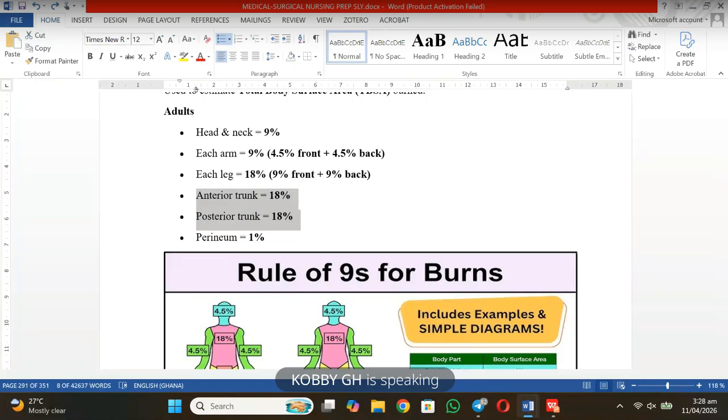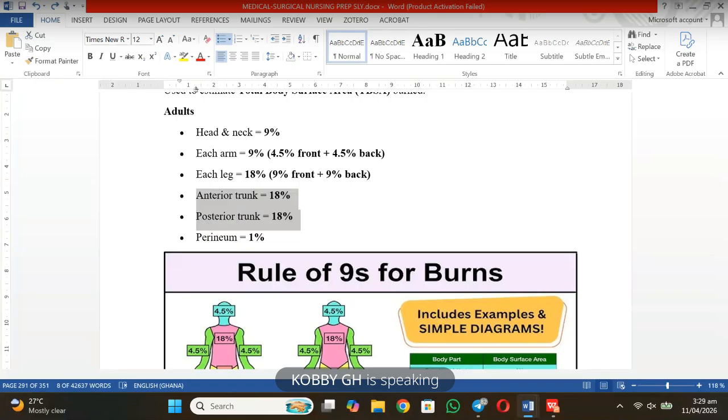If the examiner says trunk and doesn't specify, you use all, 36. If the examiner says anterior trunk, you use 18. If the examiner says posterior trunk, 18. If the examiner says chest, remember we have the posterior chest and the anterior chest, so the chest too will be 18.